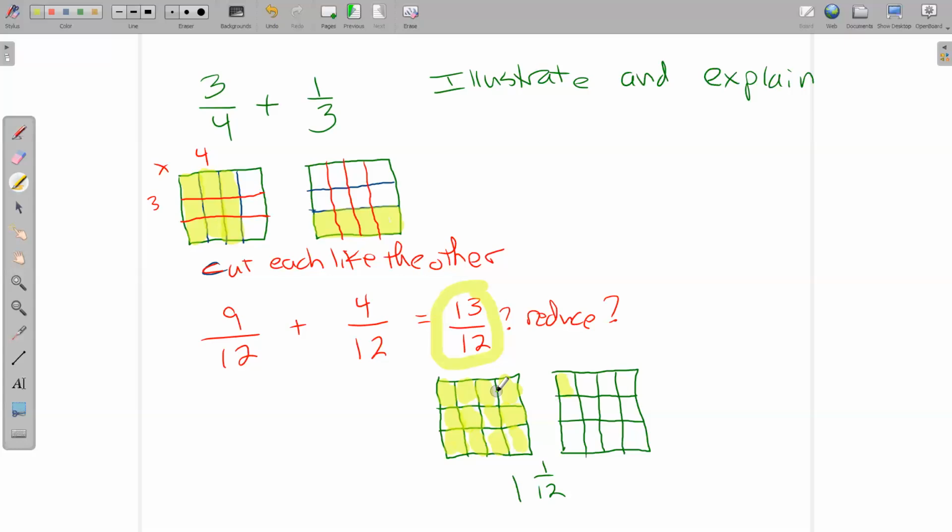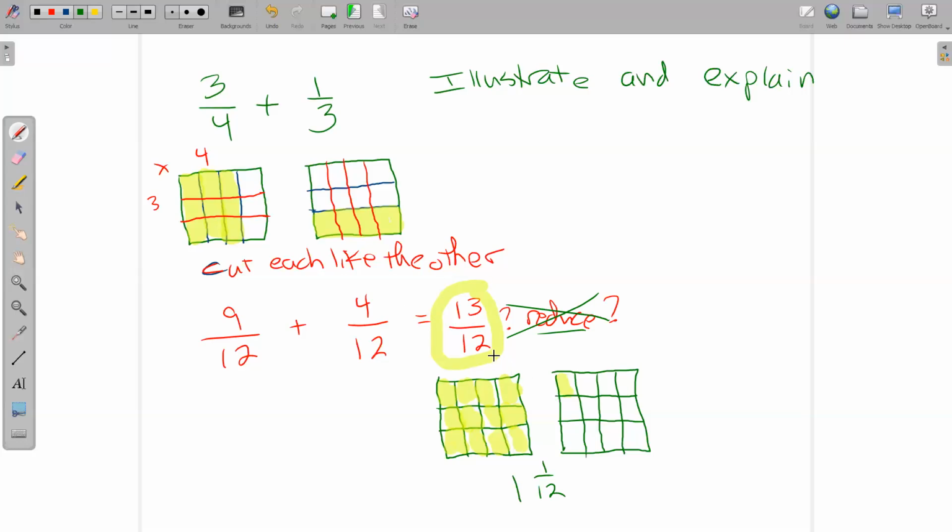So it depends. Now, to the idea of reduced, they're both reduced. To reduce means that there's a common factor top and bottom, and there is no number besides 1 that divides 12 and 13. So 13 over 12 is reduced. It's a great answer.